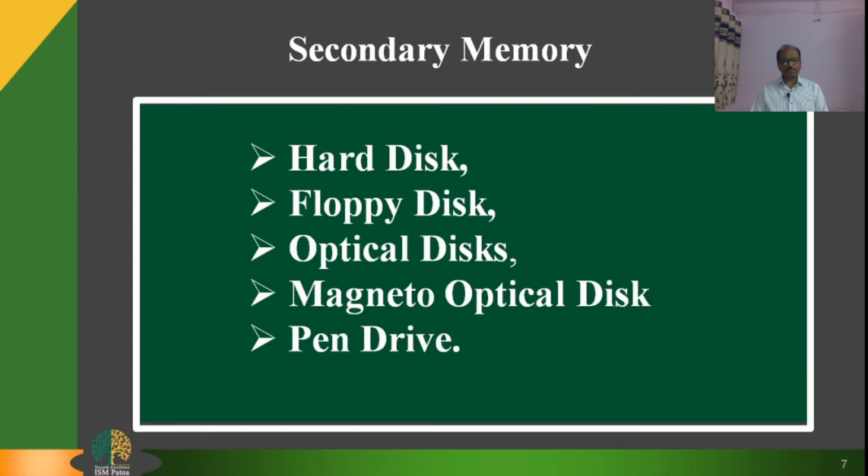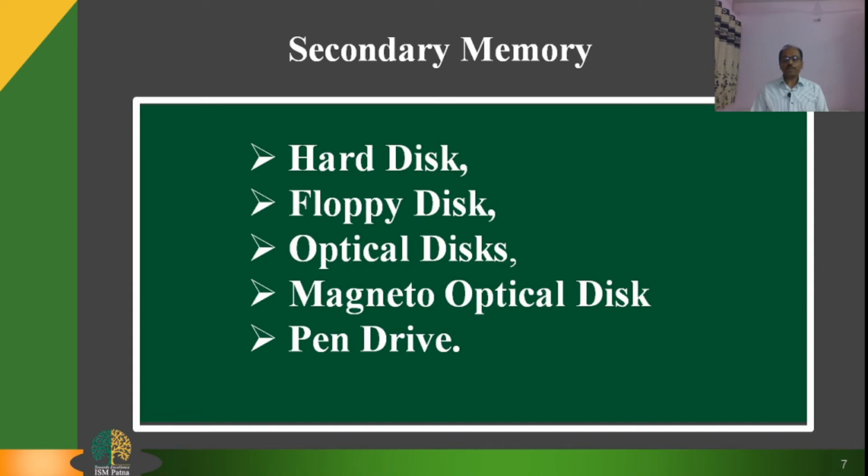Number one is the hard disk, which consists of several platters mounted on a spindle. This unit of multiple disks is made to rotate at a speed of 3000 RPM, revolutions per minute, and more.